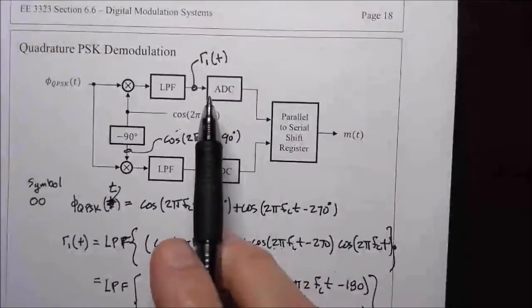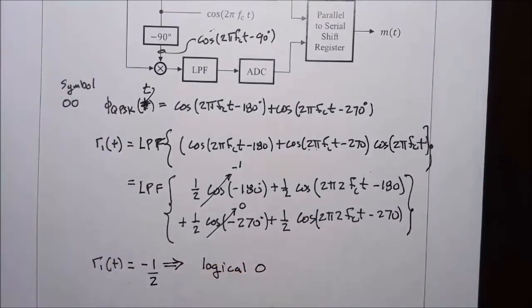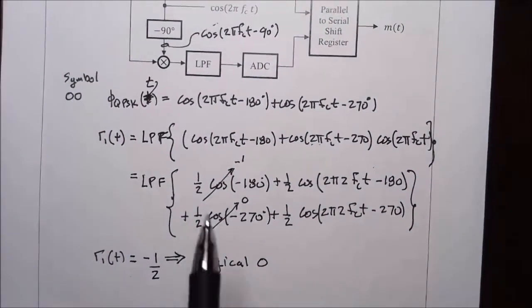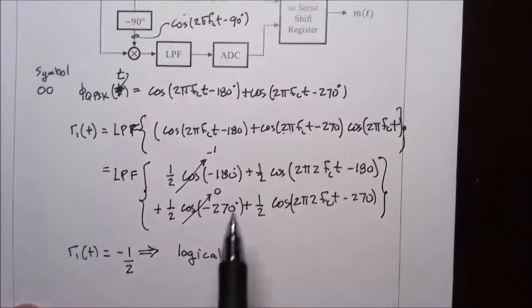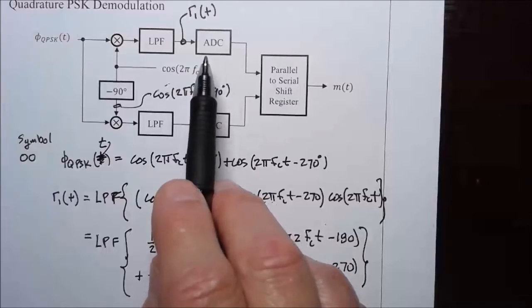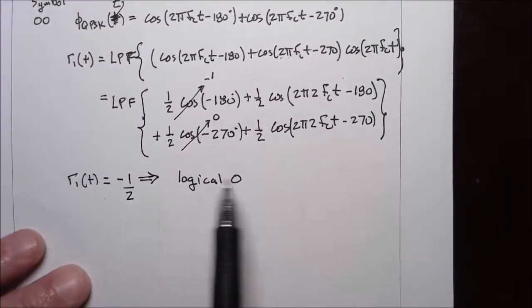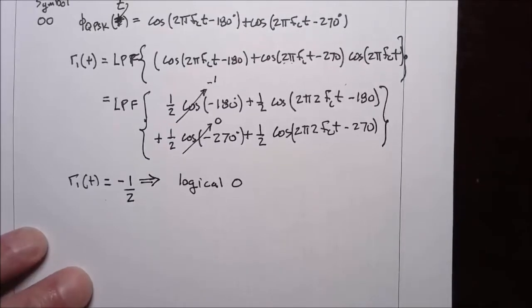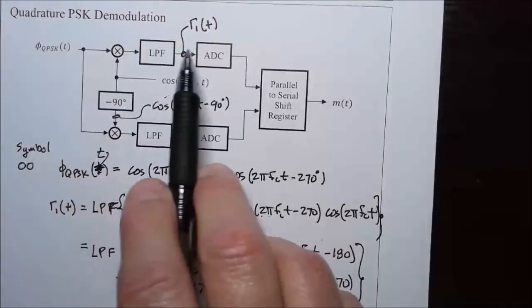So you could devise an analog to digital converter that would map minus 1/2 as an input to an output of logical 0. So that's through the top path.